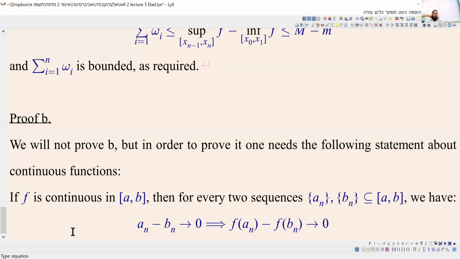The function is uniformly continuous. It's a property stronger than continuity. If a function satisfies that, then it's continuous. Vice versa, it is true only on closed intervals. And we can have a big discussion, 1 or 2 lectures, about this property of uniform continuity. We don't have this time, not in Infi 1 nor Infi 2.